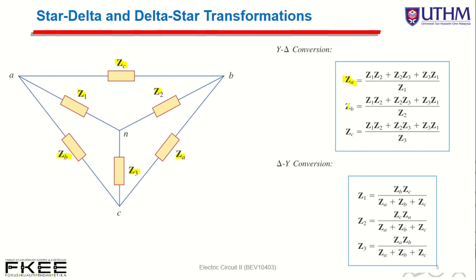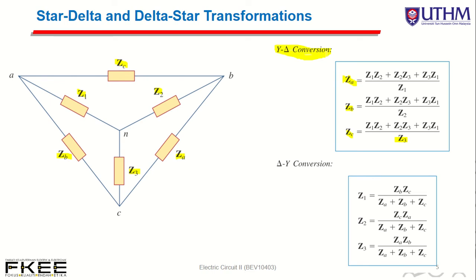Similarly, ZB equals Z1 times Z2 plus Z2 times Z3 plus Z3 times Z1, divided by Z2, because Z2 is the opposite, and ZC divided by Z3. The numerator is the same. That's the way to convert from Y to delta.